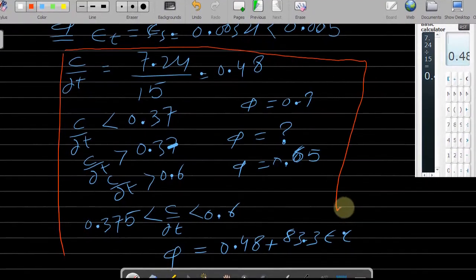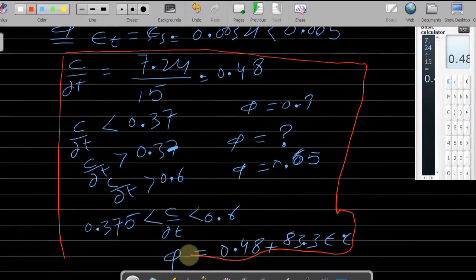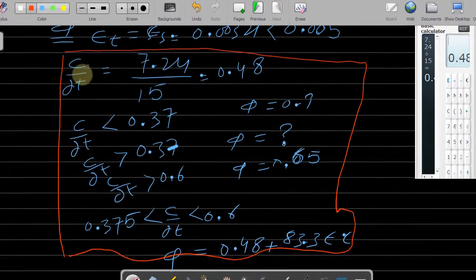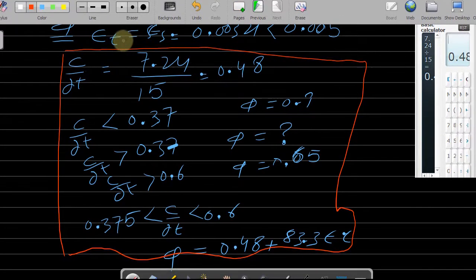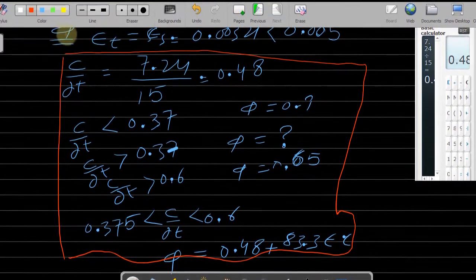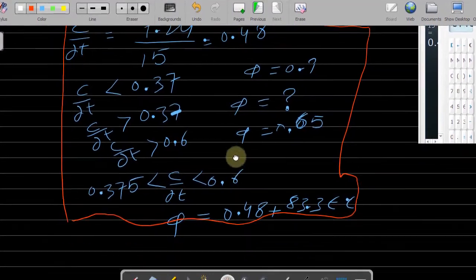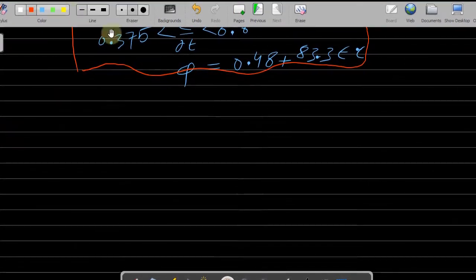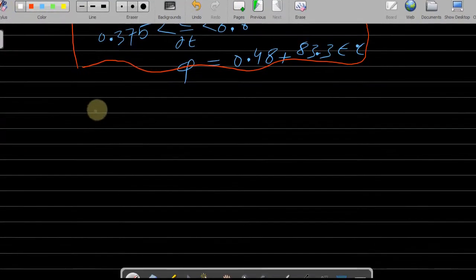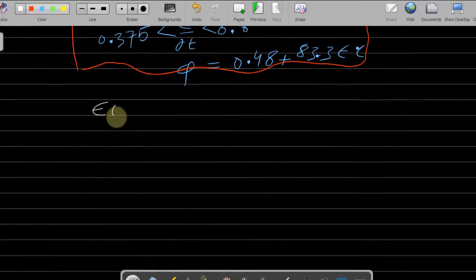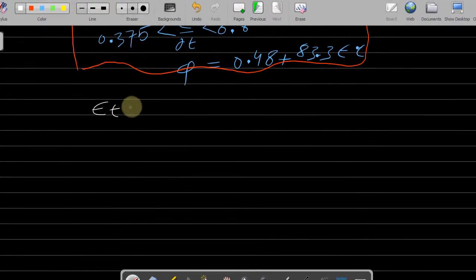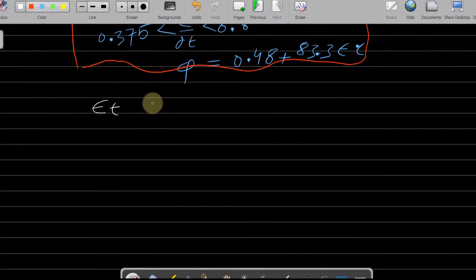This is another way that you can check this ductility check, or you can find out the p value. Or you can also use the same calculation as we did in example number 1, that you have to compare the epsilon t value against 0.005.